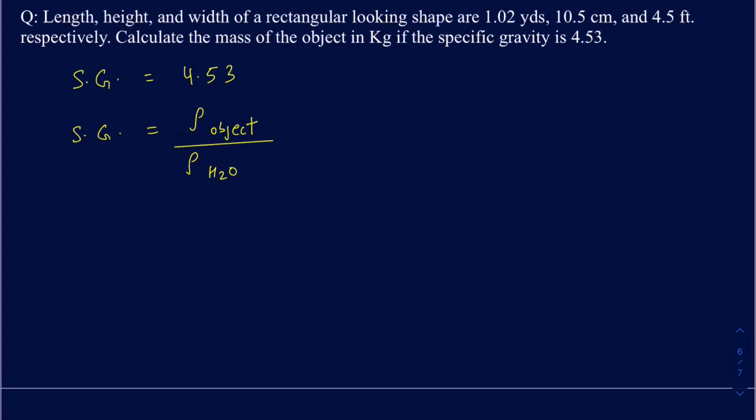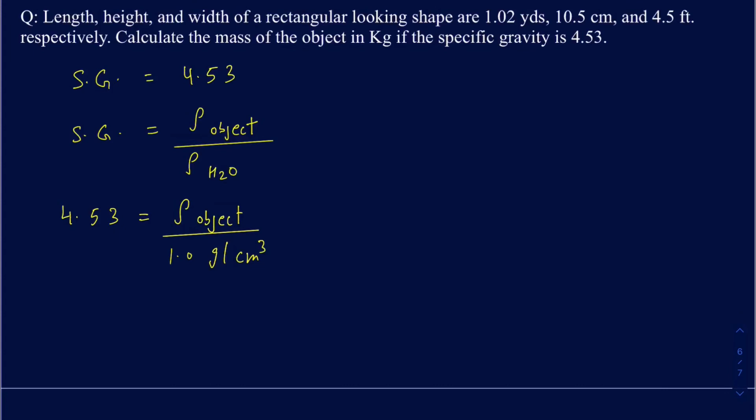So specific gravity being 4.53, and the density of the object is what we're trying to figure out, and the density of water, we can take that as 1.0 grams per milliliters, or even grams per centimeters cubed. So let's take that one to make it a little bit easier.